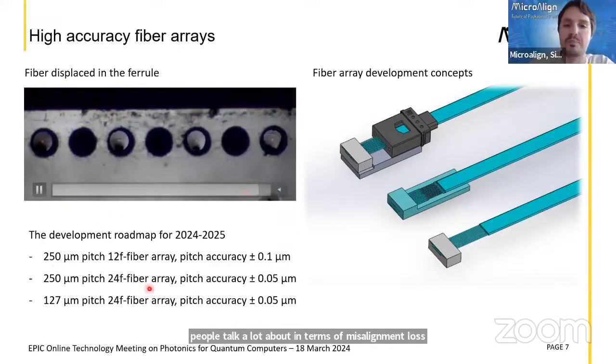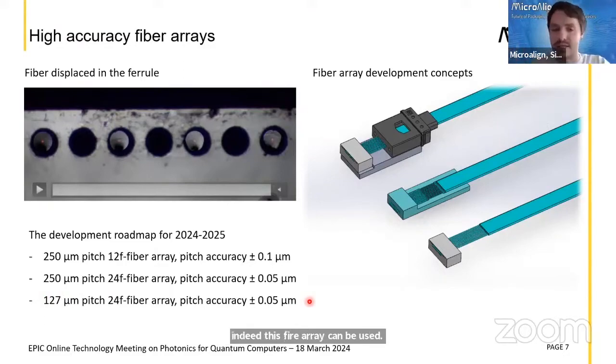And then we want to go to even 50 plus minus 50 nanometers pitch accuracy, and in 1 or 2 years the goal is to go to 127 micrometers pitch, because then this fiber array can be used with the current designs, and you can well have many fibers close together.